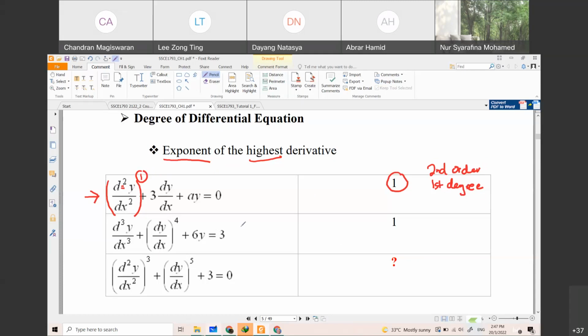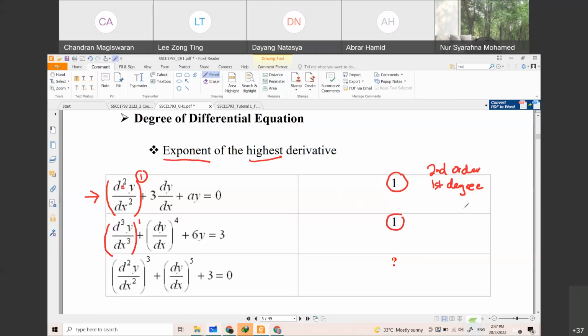Okay. What about this one? The highest derivative is what? d cubed y over dx cubed. Okay, so this is the highest, and the degree or the exponent of this highest derivative is 1. So that's why it is 1.